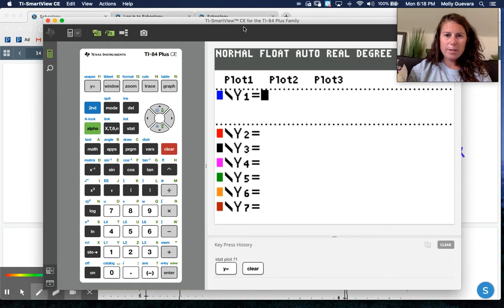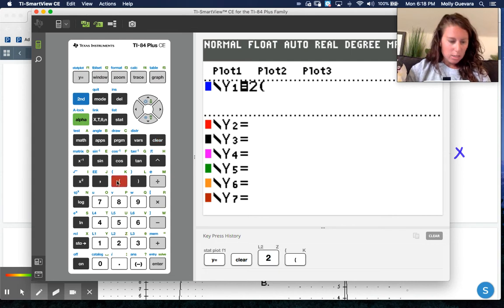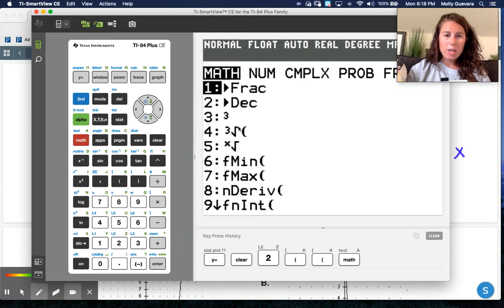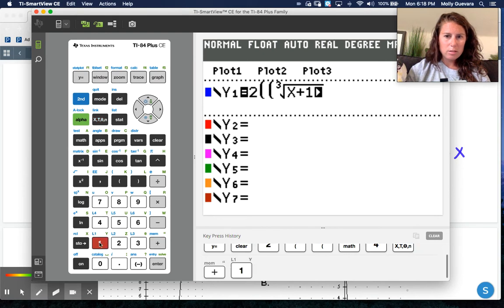Alrighty, so here's my graphing calculator. And in y1, I'm going to go ahead and enter that first equation, being very, very careful with parentheses. Okay, so I have 2 times, now I'm going to do the cube root. Now, cube root is under math. I'm actually going to do another parenthesis here, but then we're going to go math, and then cube root is right here, number 4. So the cube root of x plus 1.